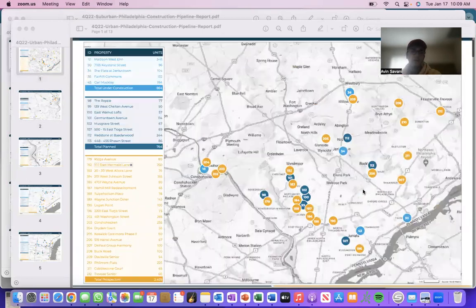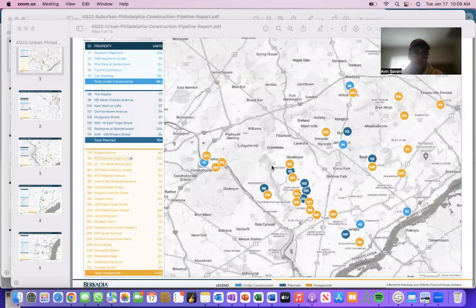And then some planned construction projects, which have probably been in the works for years upon years, sometimes for the larger unit properties. So for instance, this 244 unit Redstone at Bawderwood probably took a decent amount of time to plan out.